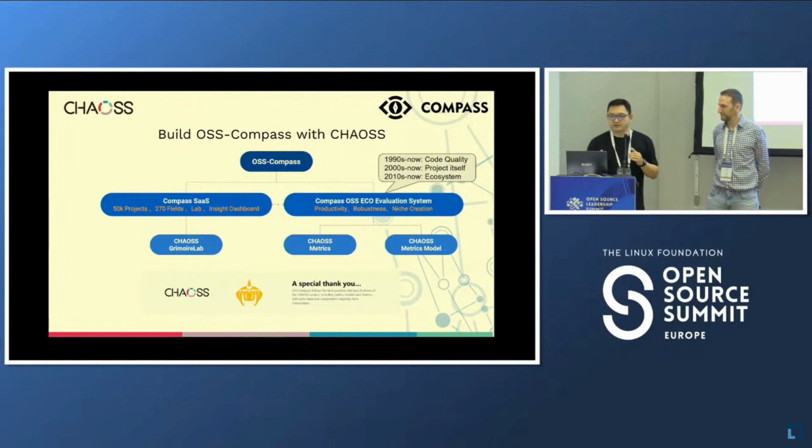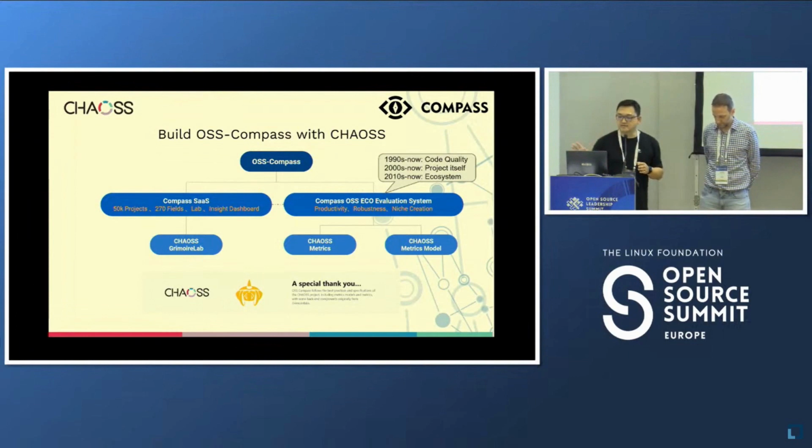Our theoretical framework chooses the third mainstream, so we call it the ecosystem evaluation system. And we have three dimensions. First, productivity. Second, robustness. Third, niche creation. In the next few slides, I will introduce these.